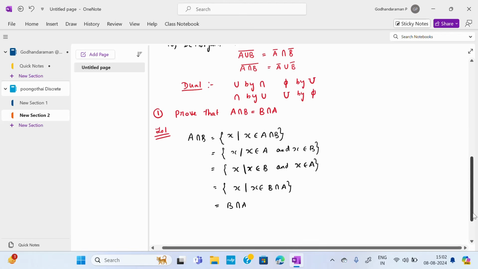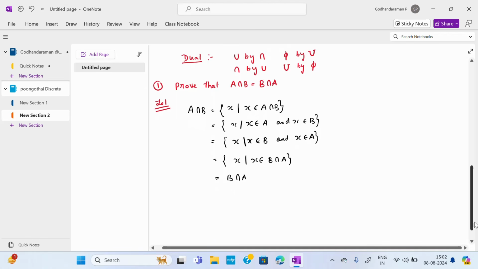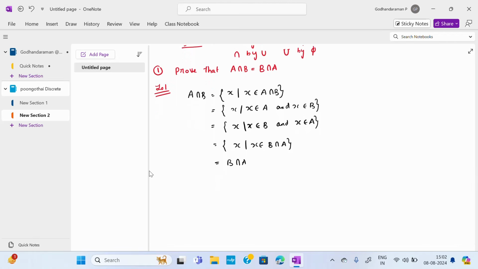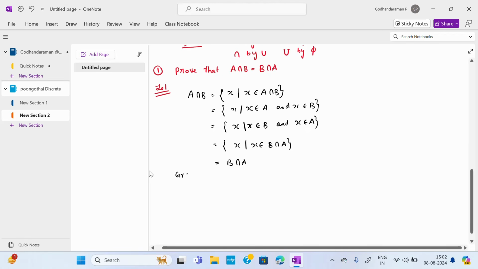If they ask to prove it graphically, same question, how to prove it?